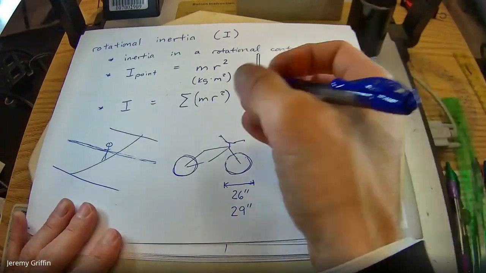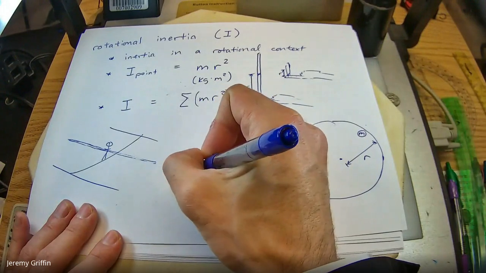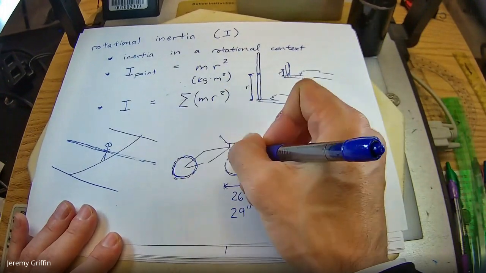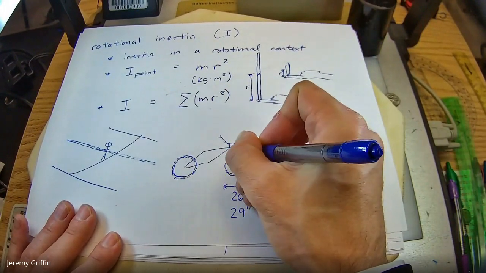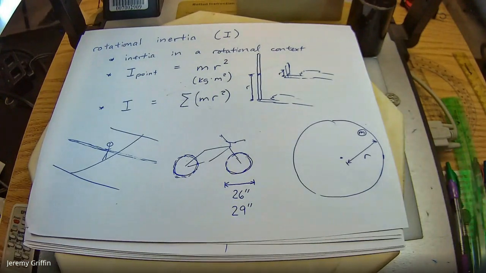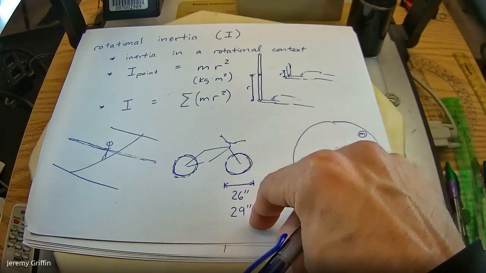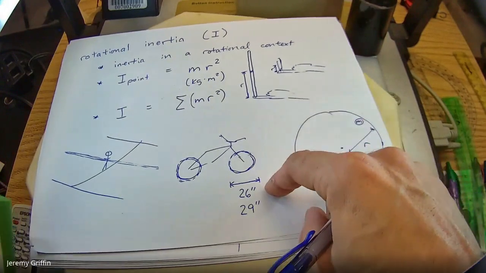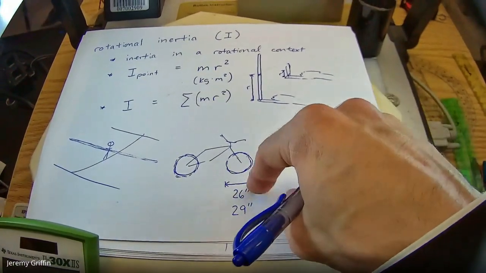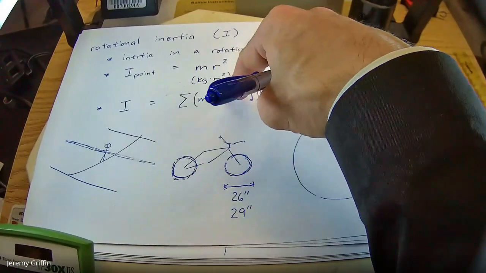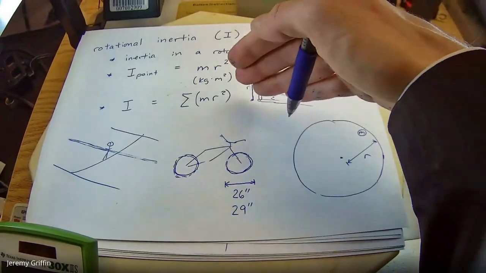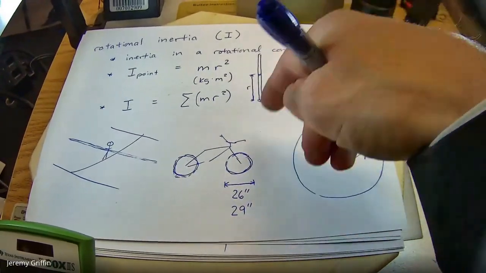Okay. Now a bike tire, we can sort of simplify this a bit and say that the mass of the tire is basically all on the rim. I mean, it's pretty close to true, right? The spokes are a little bit, but okay. I wonder how much more inertia the 29-inch has compared to the 26-inch. We can do a quick calculation. Now you have to divide by 2 to convert from diameter to radius, but if we're just comparing, then that divide by 2 is going to cancel out.